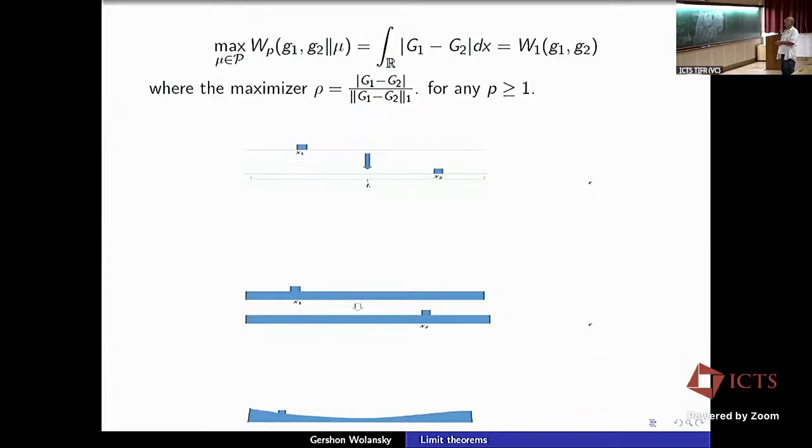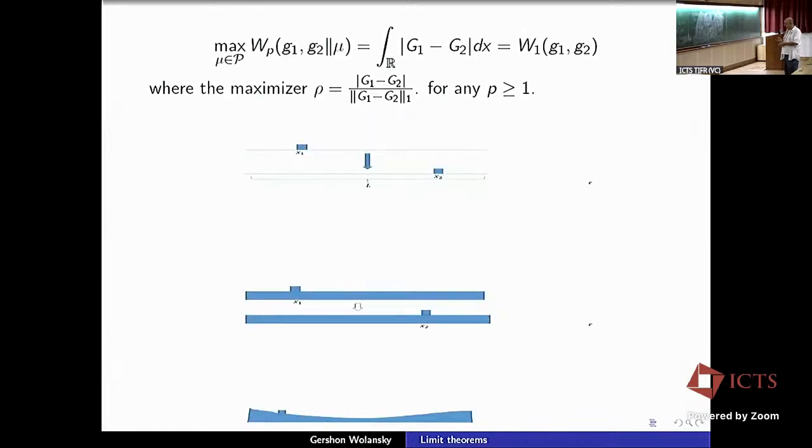Because it's epsilon times the distance to the power p, and the distance is 1. But what happens if we want to do it on the background of a uniform density, say? So we have a uniform density here and here, and we want to push this distribution to this distribution. Here we can do something much better.